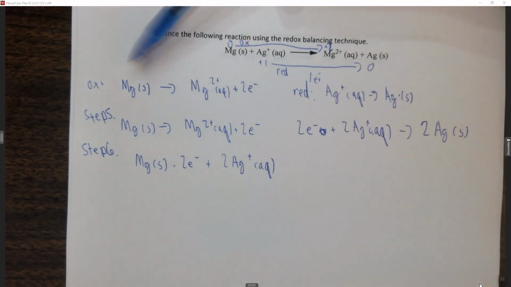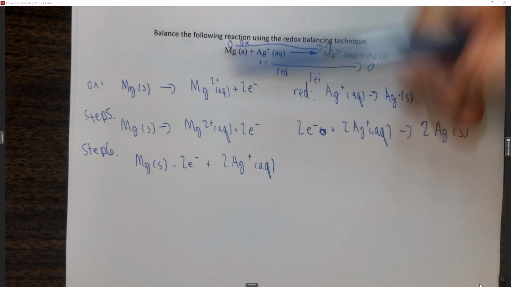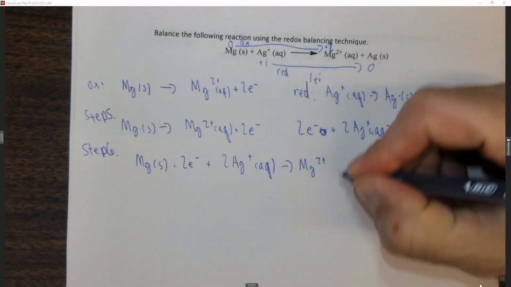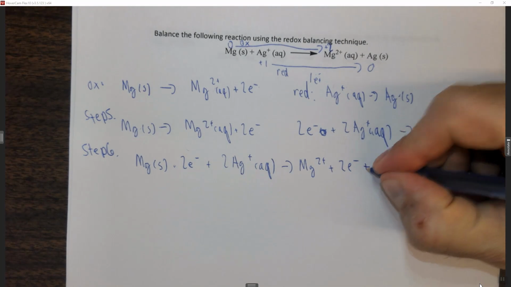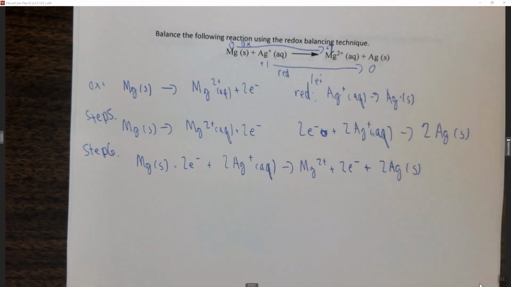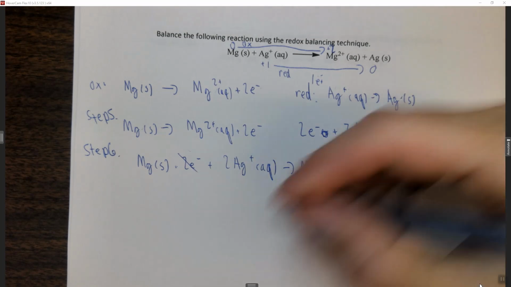Again, all reactants, so this one and these two, on one reactant side, and then all products on one product side. So Mg2 plus and 2 electrons, that's these products, plus 2 Ag solid, which is the only product over here. Now we cross out anything that's the same on both sides. In this case, the only thing that's the same on both sides is the 2 electrons.